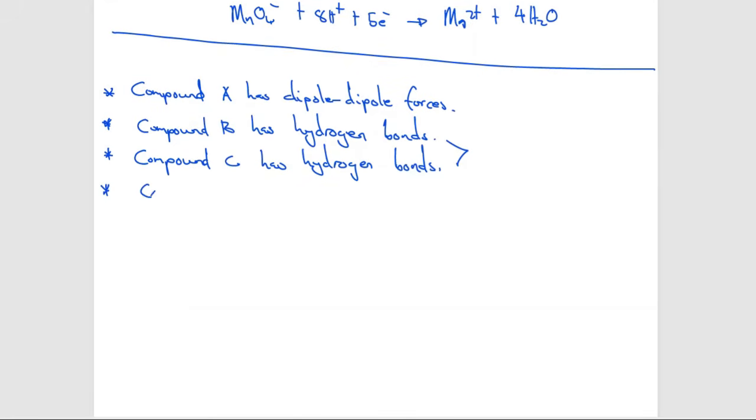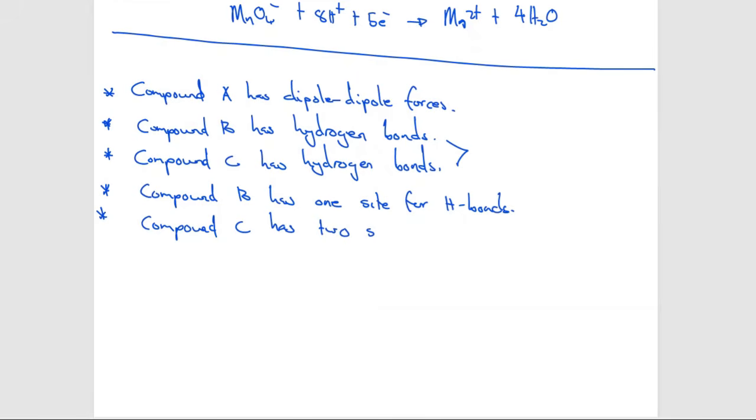The reason is that compound B, which is an alcohol, has one side for hydrogen bonds. On the other hand, compound C, which is a carboxylic acid, has two sides for hydrogen bonds.